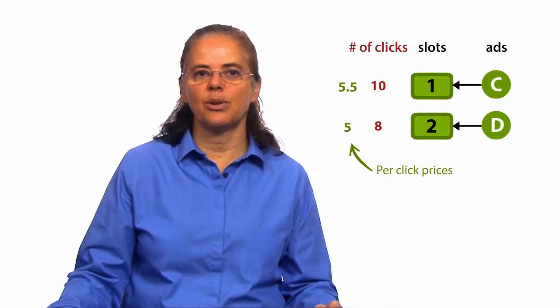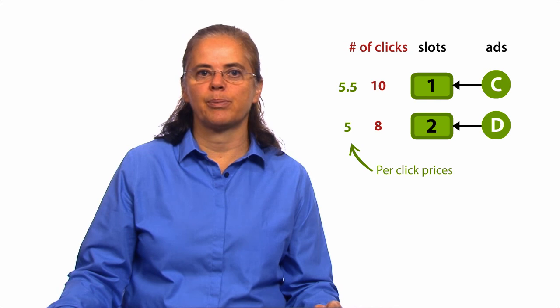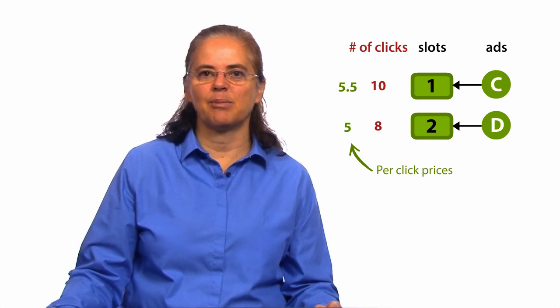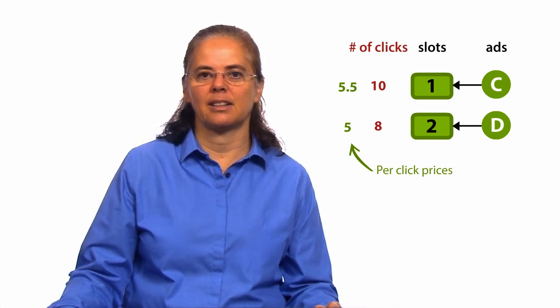One interesting thing to note here is that these per click prices are decreasing. That is, higher slots have higher per click prices. In fact, this is not surprising. It naturally has to be this way. If a slot is simultaneously giving you more clicks and is cheaper per click, every advertiser would prefer it.